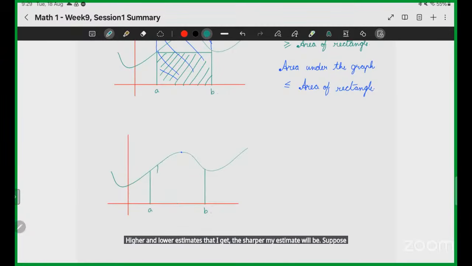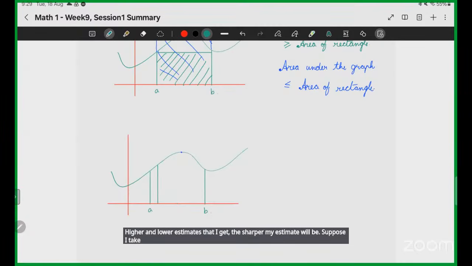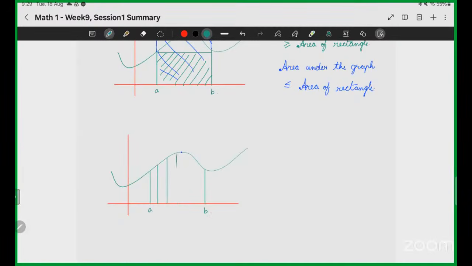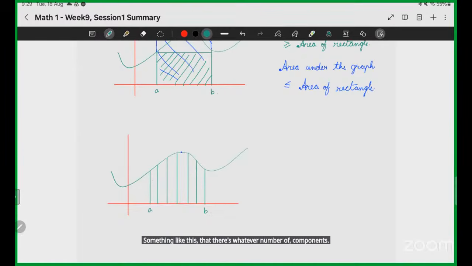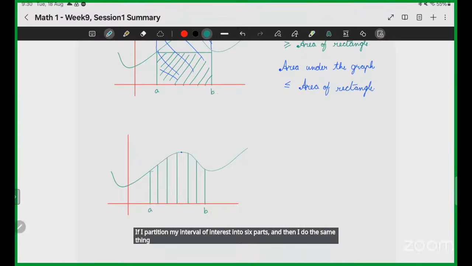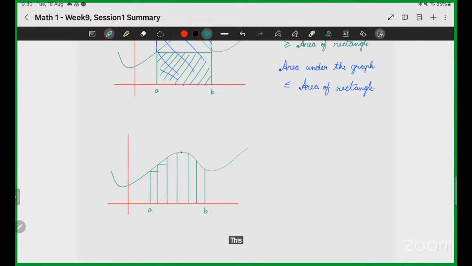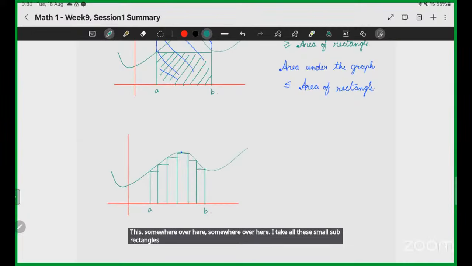Suppose I take a partition of the interval into, whatever number of components, 1, 2, 3, 4, 5, 6. If I partition my interval of interest into 6 parts, and then I do the same thing, somewhere over here, somewhere over here, I take all these small subrectangles, compute their area, and add them up.